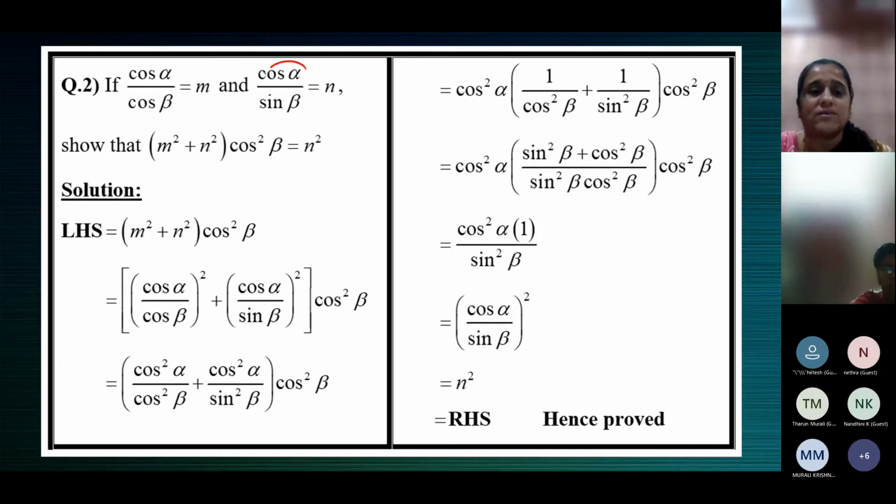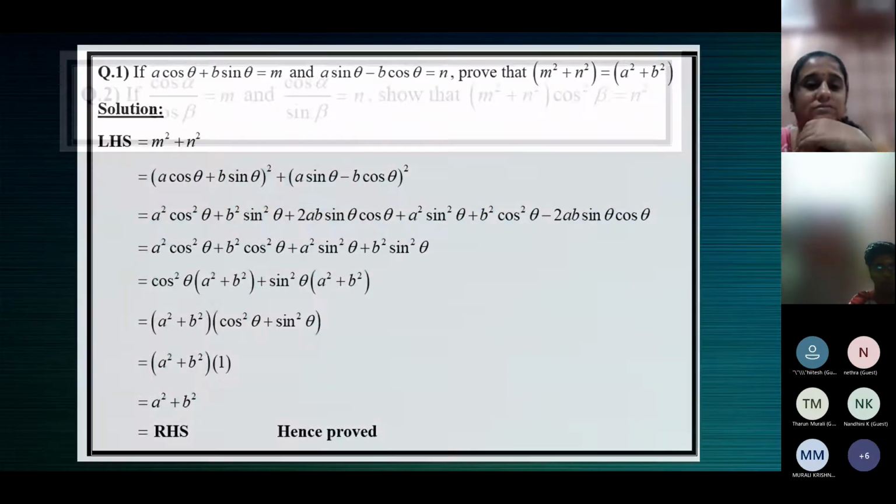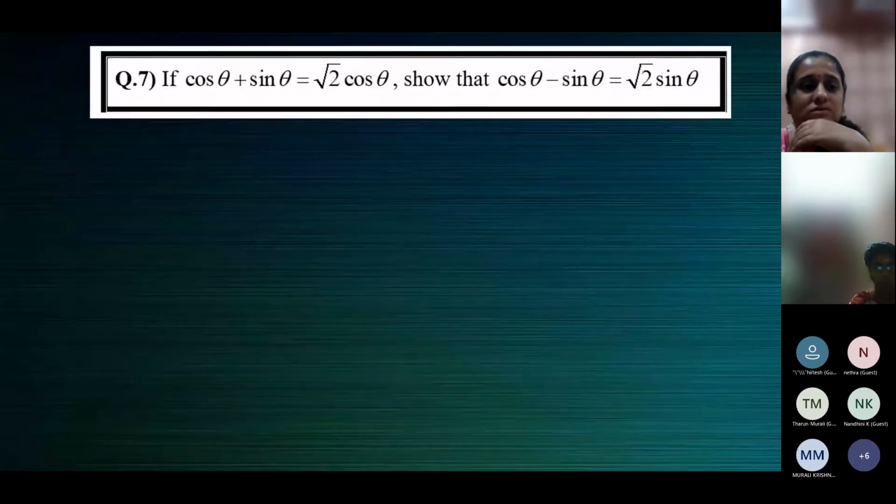And you know that cos alpha by sin beta is n. So it is n square, which is the RHS. So we started with the LHS, we worked the LHS and we arrived at the RHS. Very good, children. We finished this one.